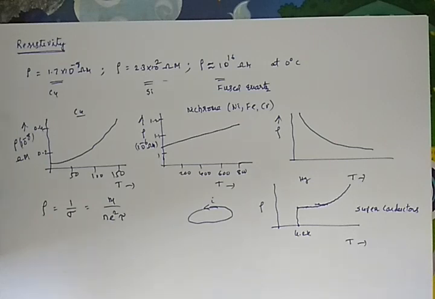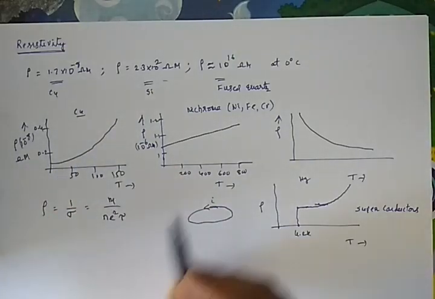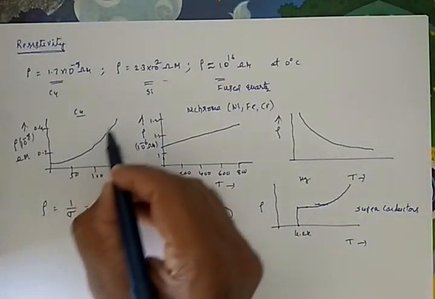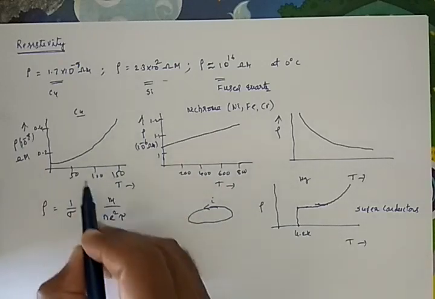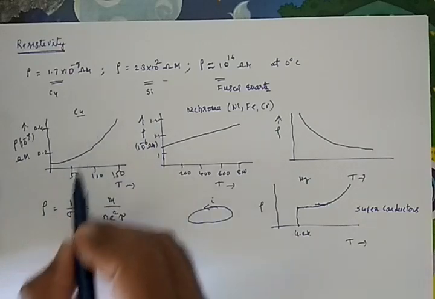So now let us write down the resistivity of any material at a particular temperature. We know that resistivity is continuously changing, and it is not linear in this graph.